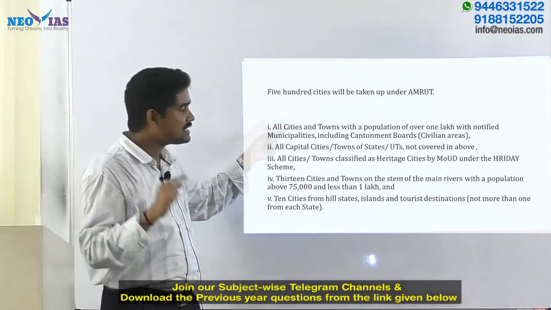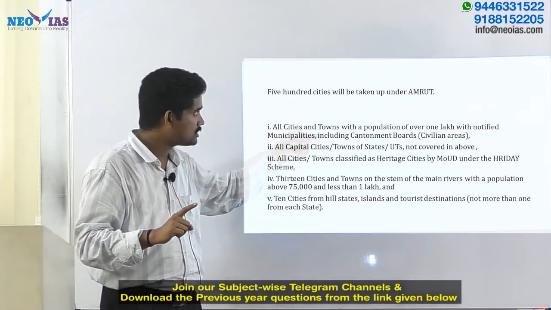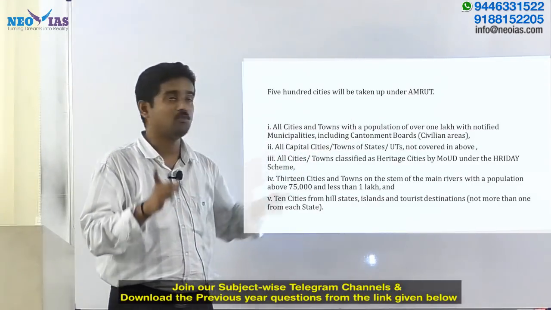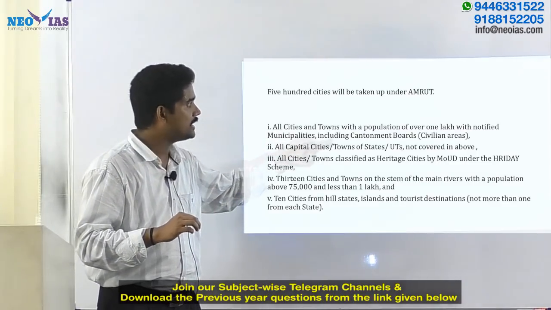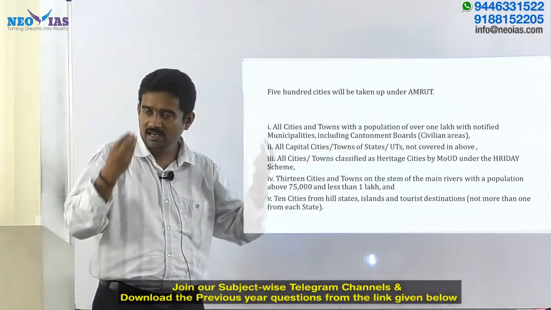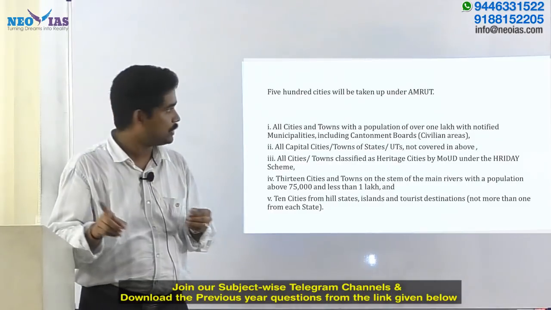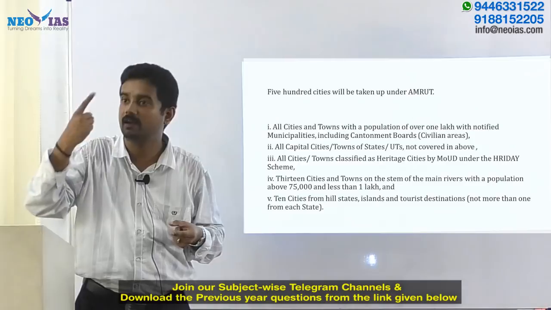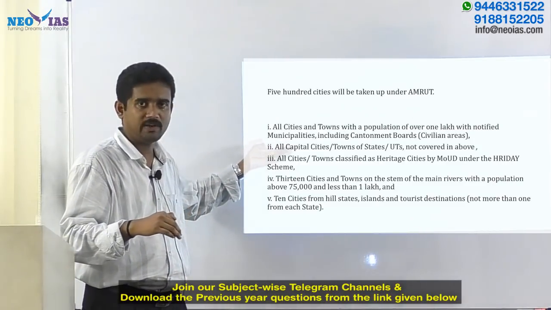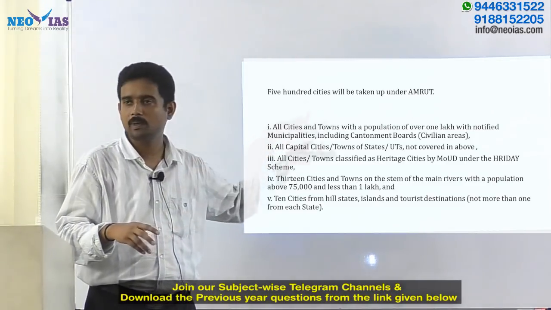One is all cities and towns with a population of over 1 lakh with notified municipalities, including cantonment boards and civilian areas. So the first one is all cities and towns with a population of over 1 lakh, where there is a notified municipality, including cantonment boards.